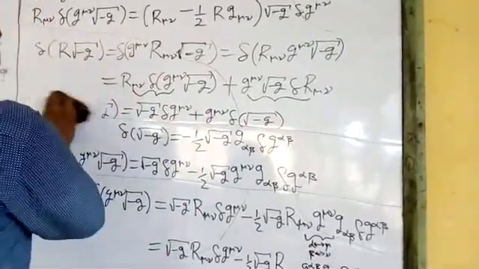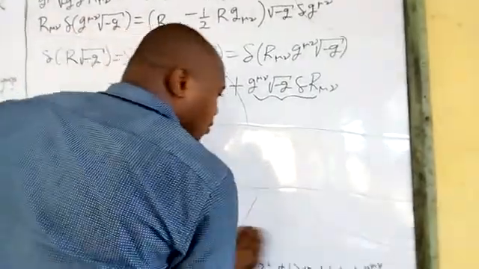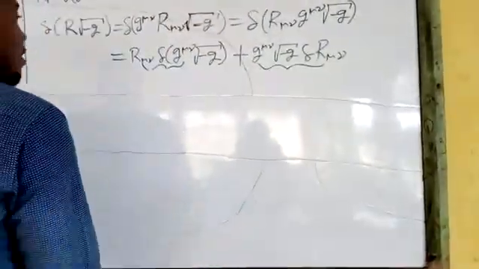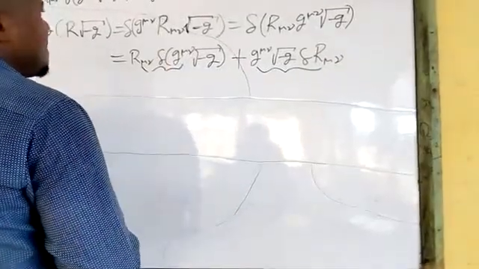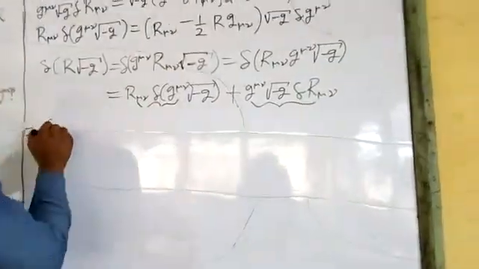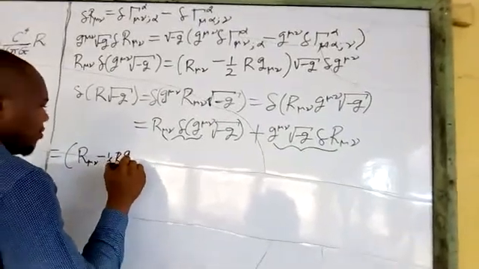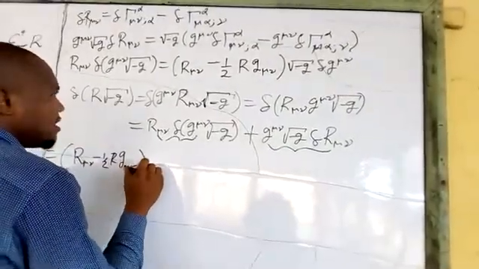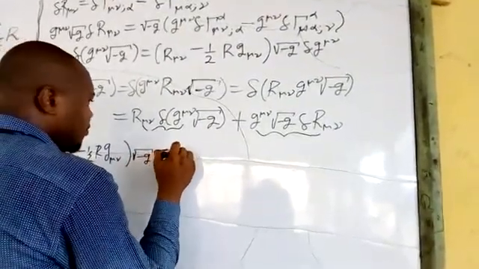Okay, moving forward, we proceed as follows. The whole thing is equal to the first one here, which is what we've got here: R_{μν} minus 1/2 R g_{μν}, times the square root of minus g, variation of g^{μν}.